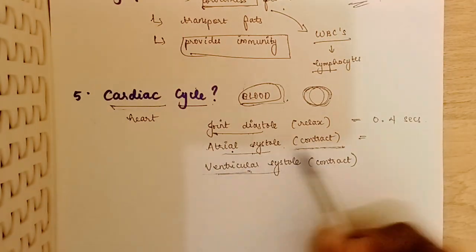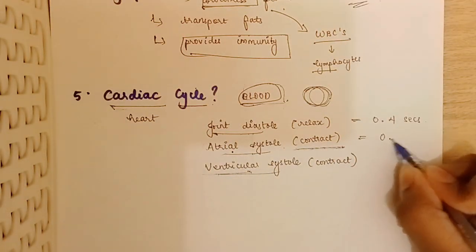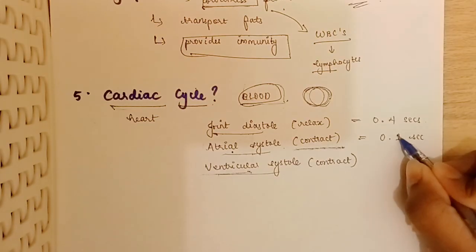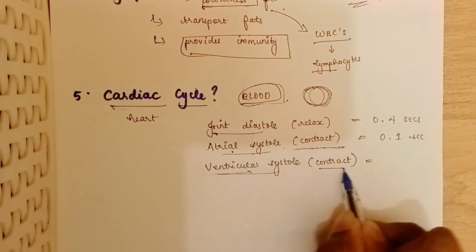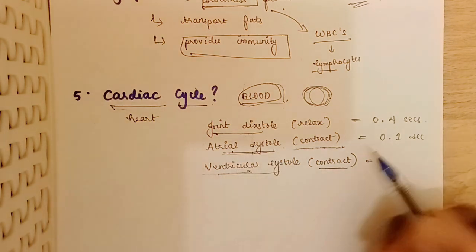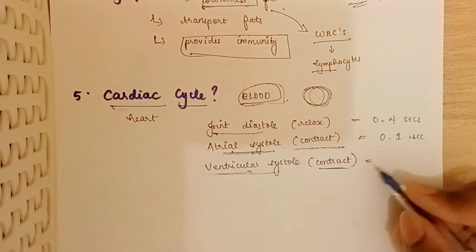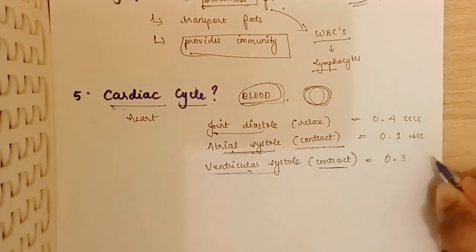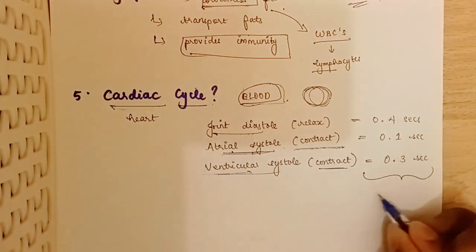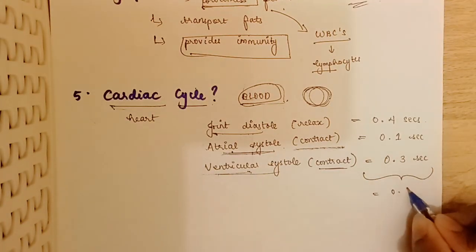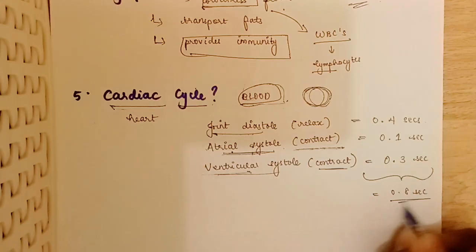Atrial systole will be for 0.1 second. And then ventricular systole, when the ventricle contracts, the atrium will be relaxed, and the ventricular systole will be for 0.3 seconds. Now if you total all of this, you will get 0.8 seconds.